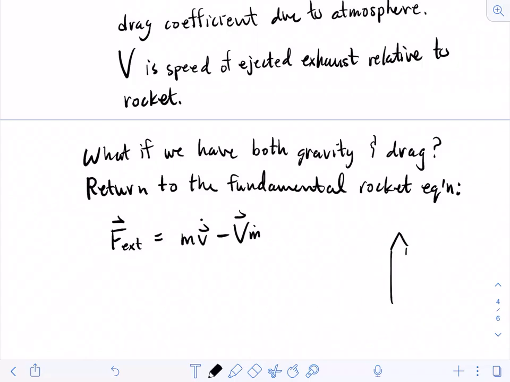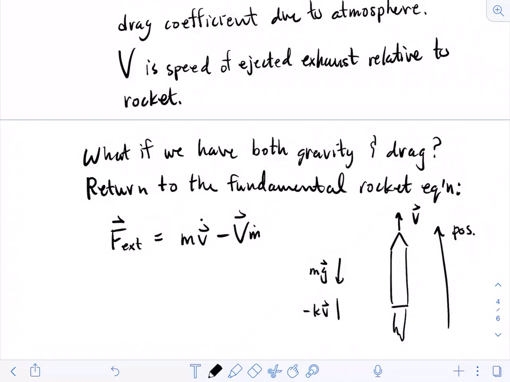We'll draw ourselves a rocket and draw our exhaust, and say that towards the top of the screen is positive. So the rocket speed is positive, and as we burn fuel, we expect v dot to also be positive. Gravitational force acts in the negative direction.